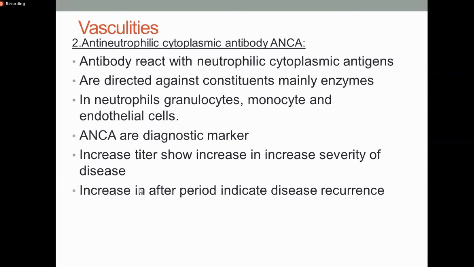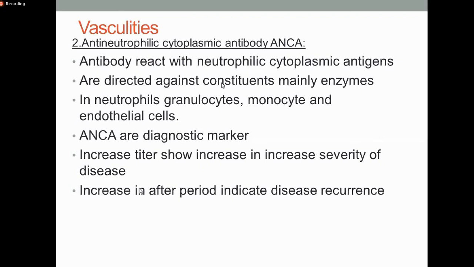The second mechanism was the anti-neutrophilic cytoplasmic antibody, which in short form is called ANCA. This is also an immune-mediated mechanism. Antibodies react with neutrophilic cytoplasmic antigens, that is, the antigens present within the cytoplasm of the neutrophils.